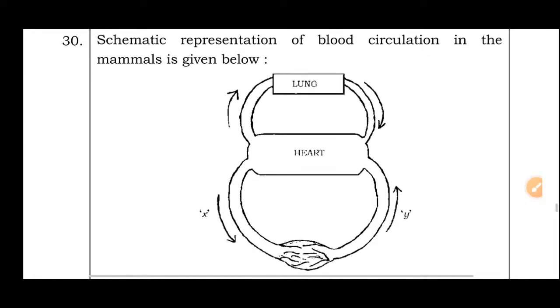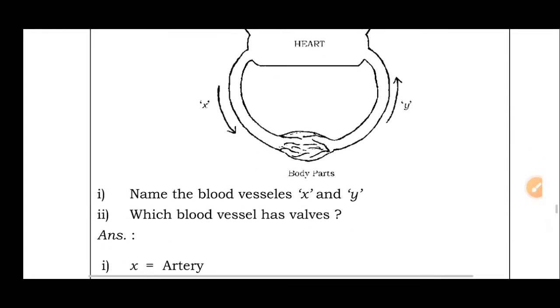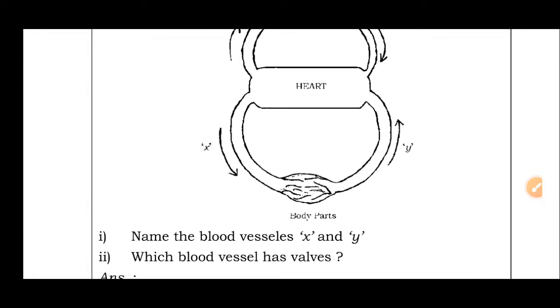Then the 30th one: a schematic representation of blood circulation in mammals is given. Lungs to heart, heart to other parts of the body, and from other parts of the body again to the heart and lungs. This is the circulation. They asked about the blood vessels that carry blood from the heart to all parts of the body; those are arteries.